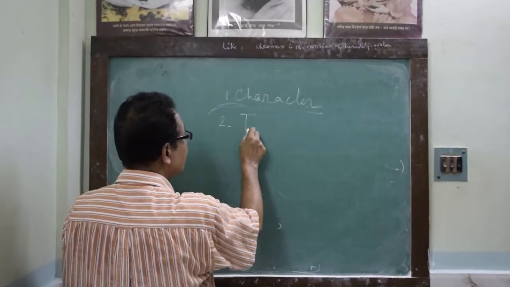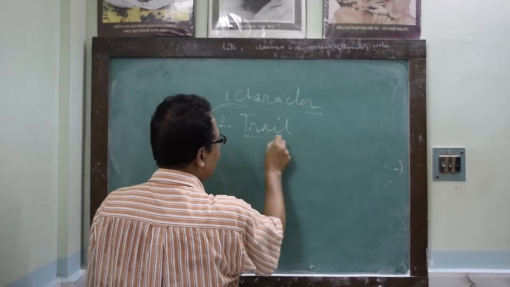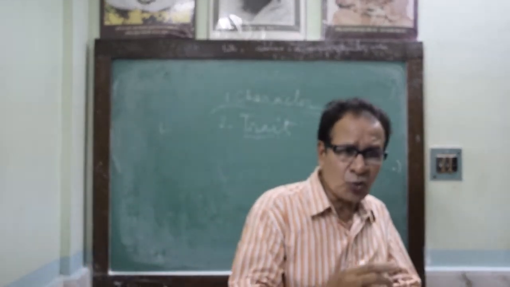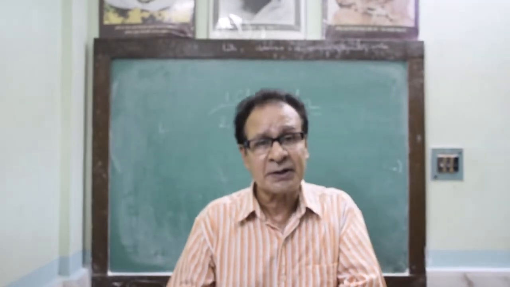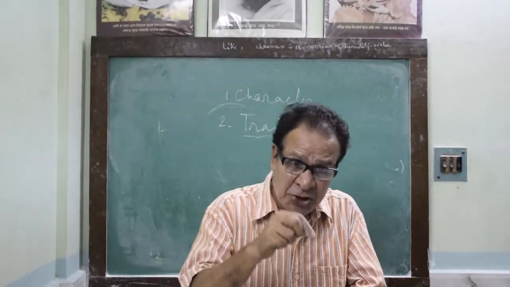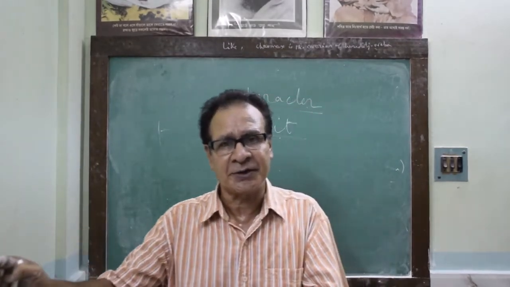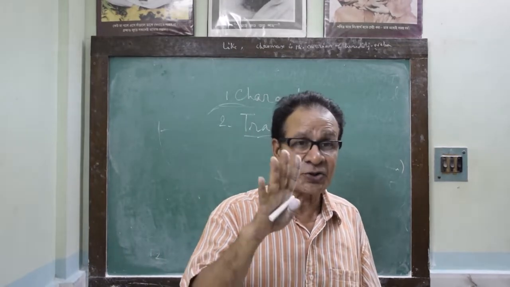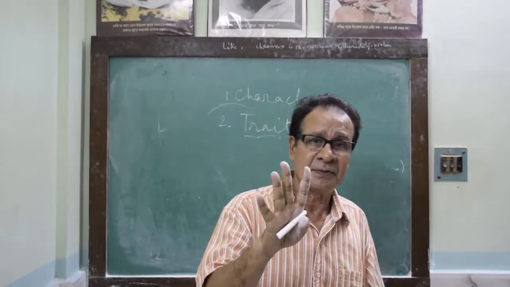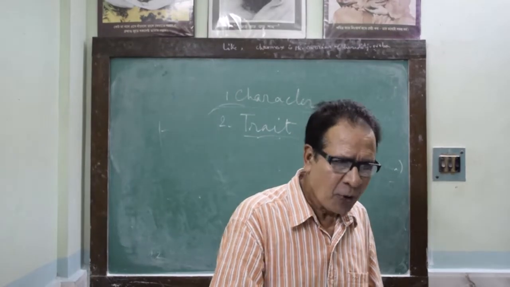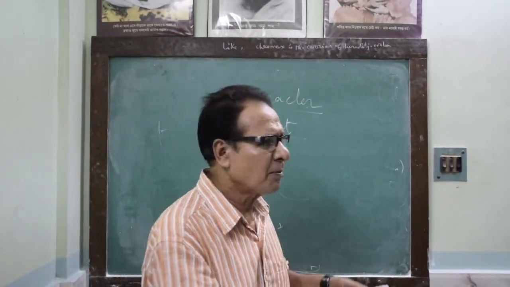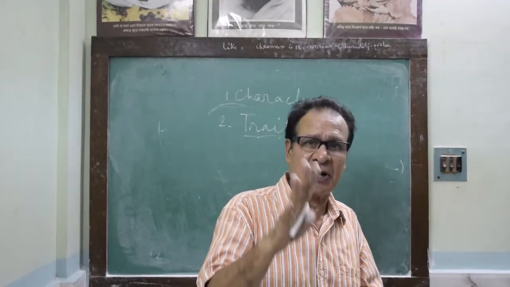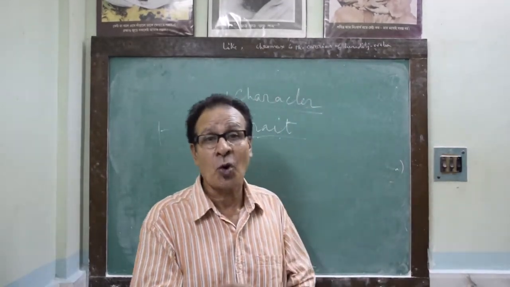Number two, trait. The character which is inherited in a particular form, that is, the form in which a character is inherited, is the trait. Generally, each character has two alternate features, that is, traits. For example, in Mendel's experiment, the height character, the length of stem, has two alternate forms, tall and dwarf.